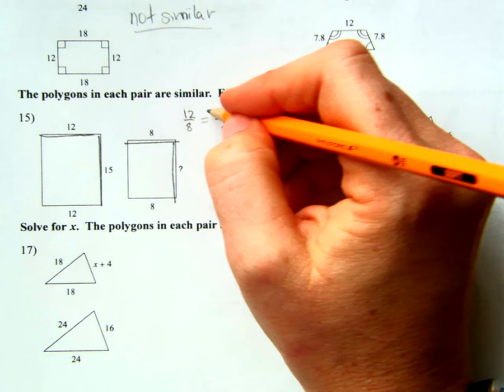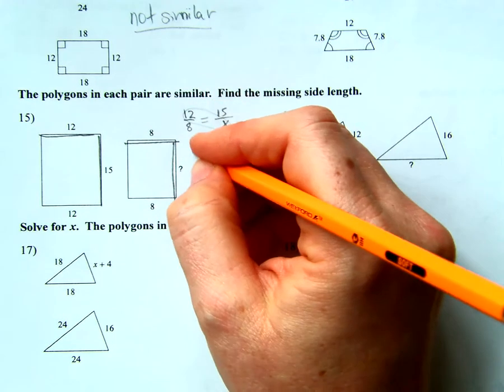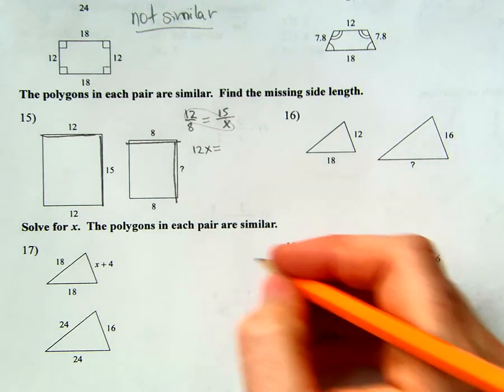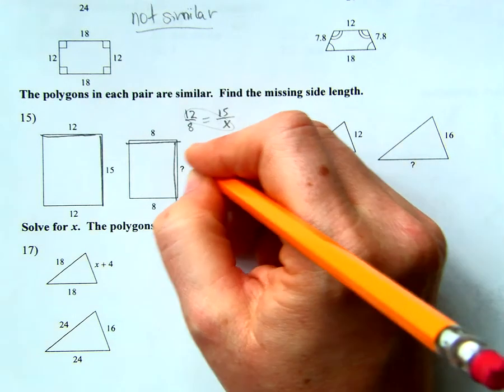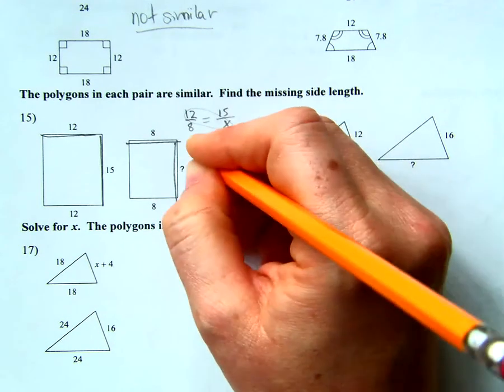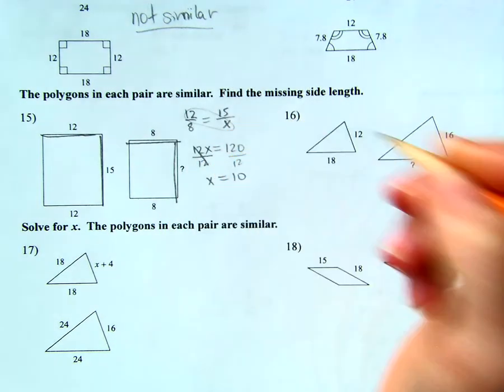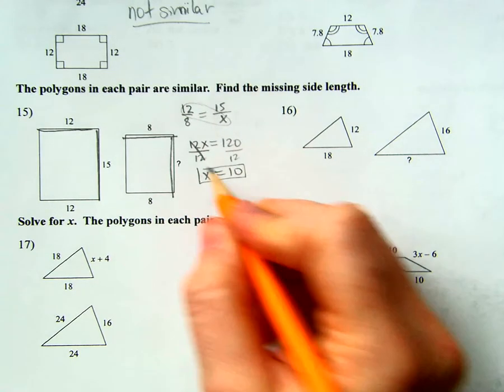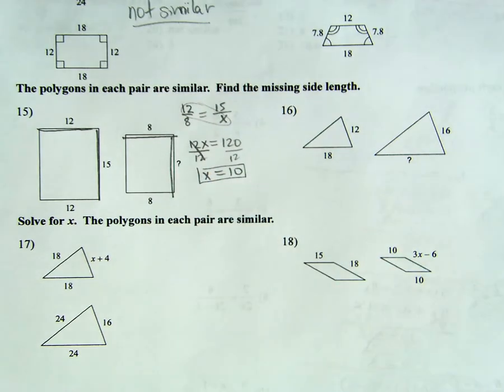Okay, and then a quick solve here. So we're going to get 12x is equal to 15 times 8. So that's going to be 120. And divide by 12. And x is going to be 10. Right. And I could kind of check that with the common ratio concept as well.